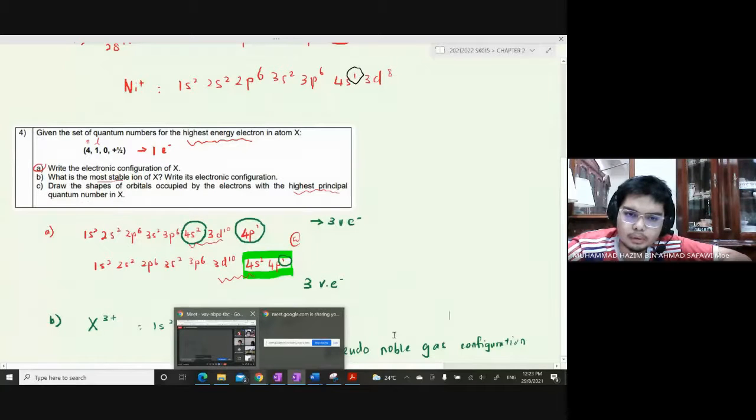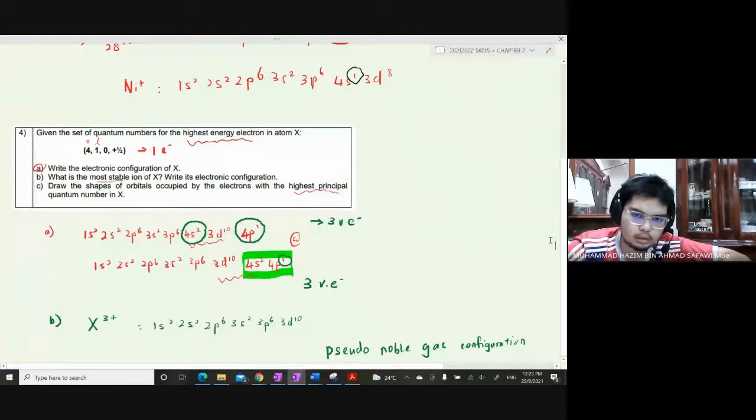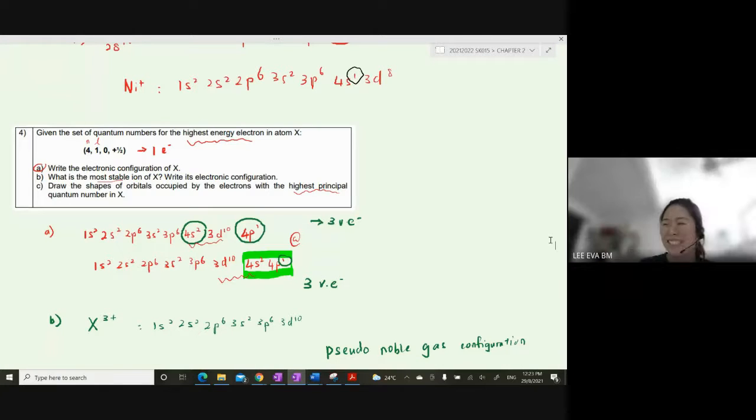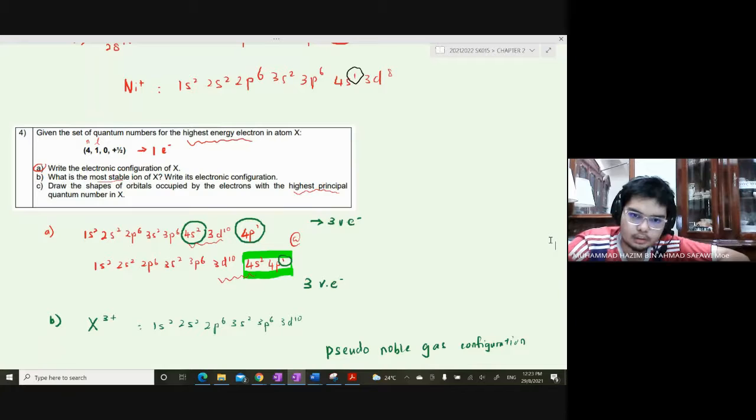So basically speaking, the configuration here is the same as noble gas, but at the same time, it's not noble gas. Something like noble gas, completely filled, but there's no such noble gas with 3d10. So because noble gas is already achieve octet arrangement, stable octet arrangement, this is also, the ions also achieve the same. Isn't it? Alright.